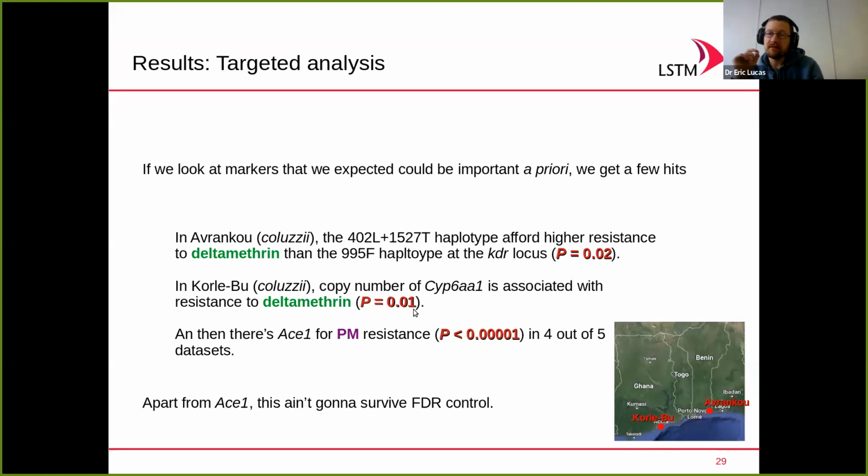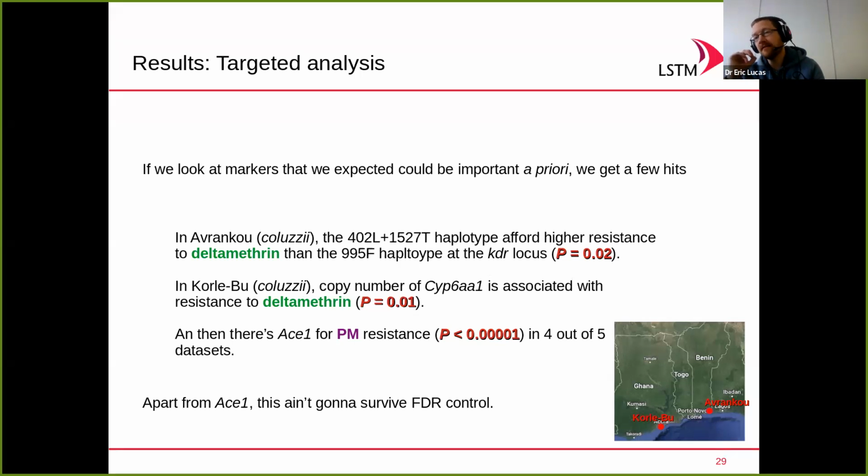So that's why these mutations are not coming out in our genome-wide association study, because a p-value of 0.01 is never going to survive the kind of false discovery rate control that you have to apply to a collection of millions and millions of SNPs in order to minimize your false positives.